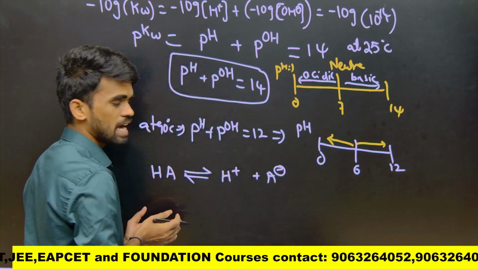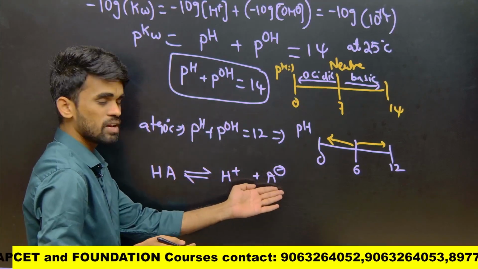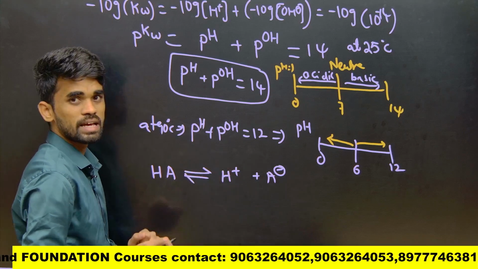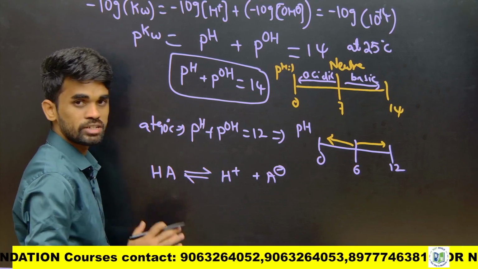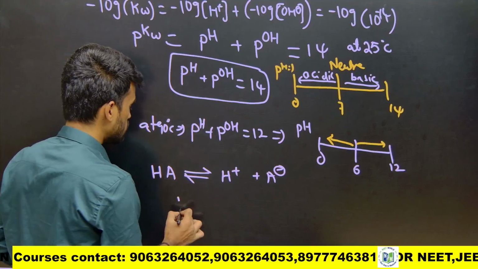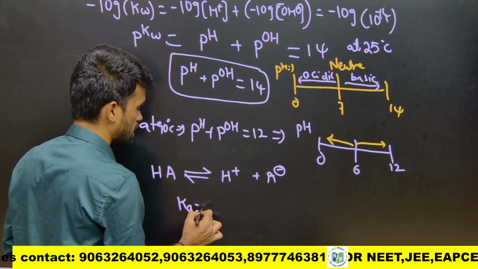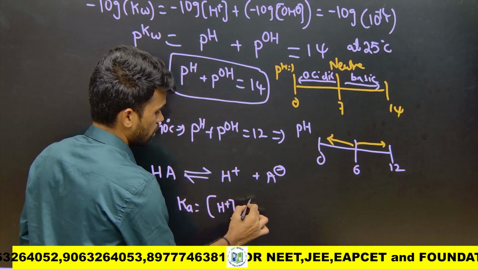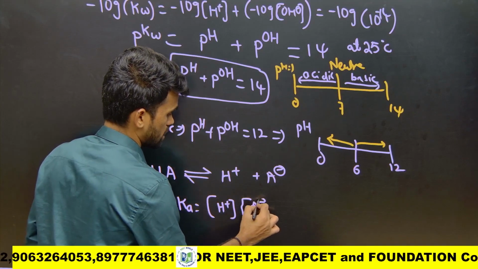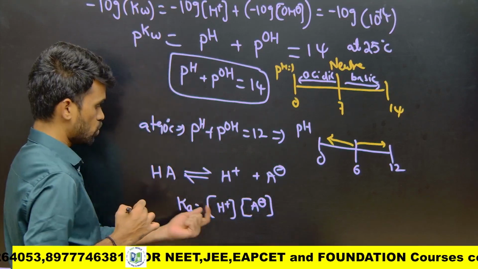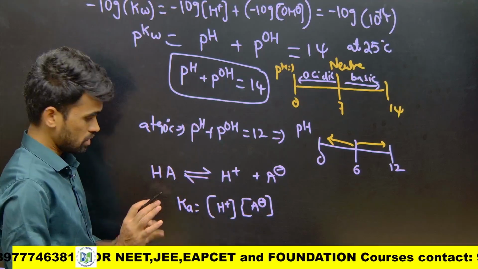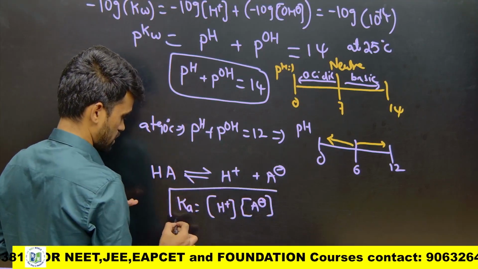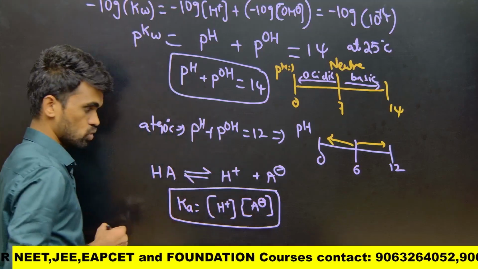Let us say acetic acid: we get the acetate ion as the anion and the H plus ion as the cation. That is the acid nature of acetic acid. Now this dissociation constant Ka is the concentration of H plus ion times the concentration of A minus ion, divided by HA. Since it is a pure substance, its activity will be 1. So this will be the final equation we get, the acid dissociation constant.